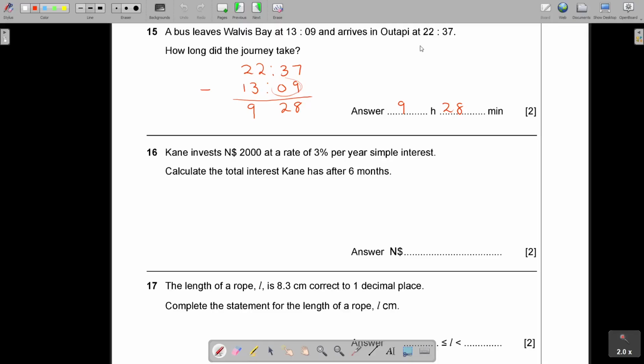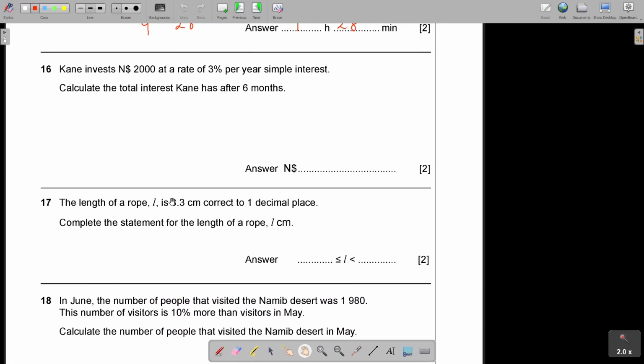So, let's just go on. Number 16. Cain invested 2,000 at a rate of 3% per year, simple interest. Calculate the total interest. Only the interest, it's always very important to see. Cain has after 6 months, not a year. Sorry, I wrote it incorrectly.